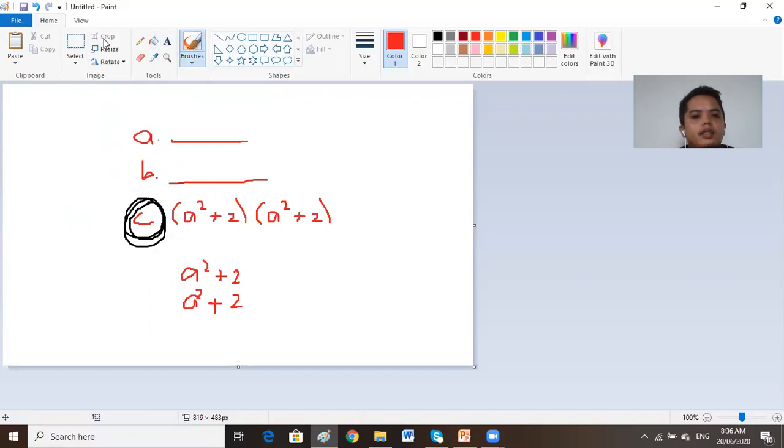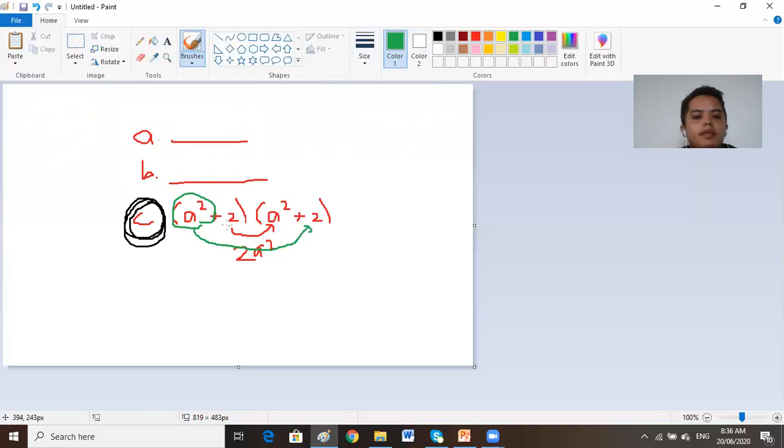So, you multiply 2 with a squared. So, you will arrive at 2a squared. Okay? Likewise, you also multiply this a squared with this 2.